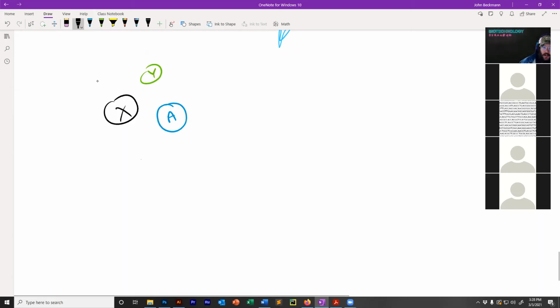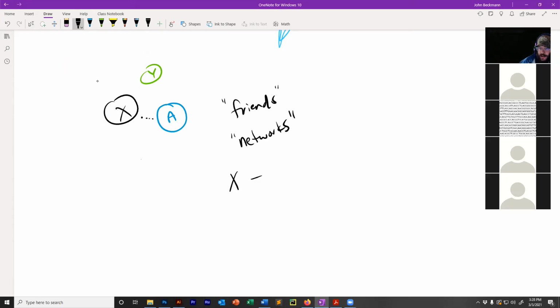And if you can start to find what are the friends, this is colloquial language, what are the friends or what are the networks that your protein X interacts with, almost like the Facebook page and the friends list of your interesting protein X, then you can start figuring out what pathways it's involved with.